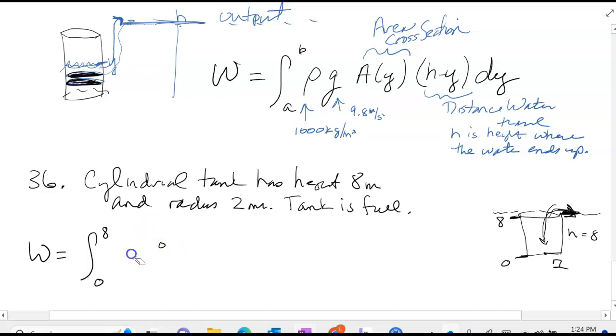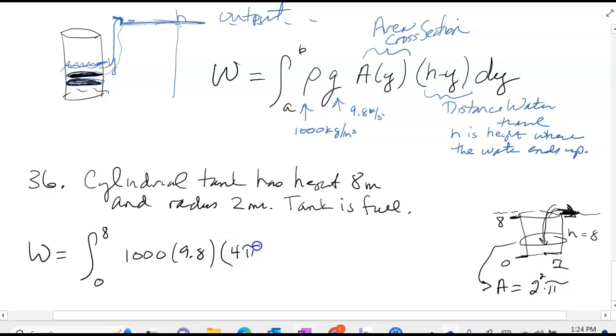Again, I'm going to do away with measurements because I know I'm going to get my answer in joules. 9.8. So now I need area. Well, area of a cross section, right, is just going to be pi r squared. So 2 squared times pi, so that's going to be 4 pi.